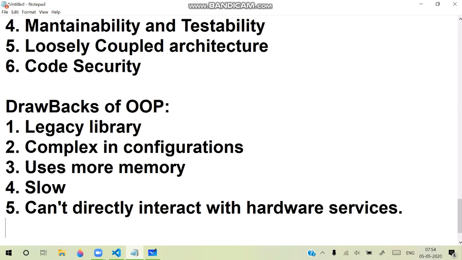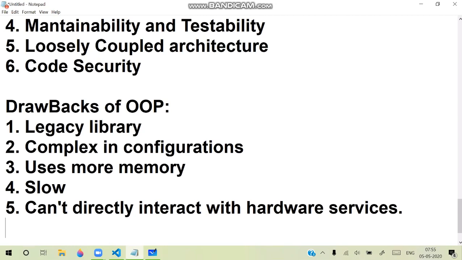What do you mean by legacy library? Legacy library means even for a small functionality, it loads the complete library available for the language. And this is not good for computer programming. You want only one function and it is loading the entire library, which is not required.